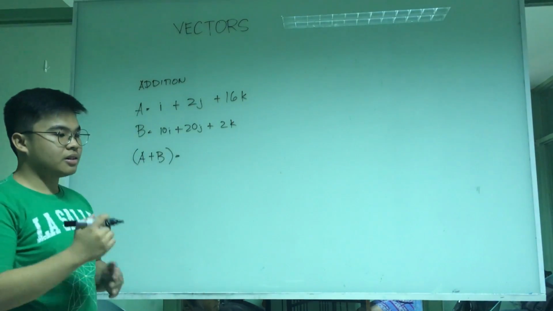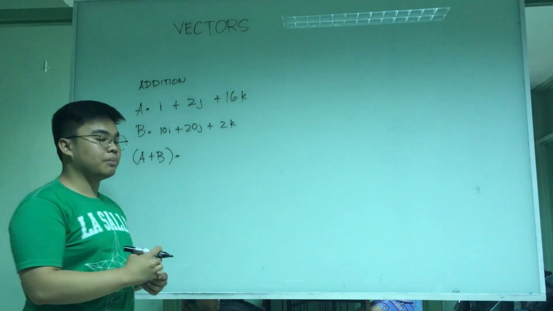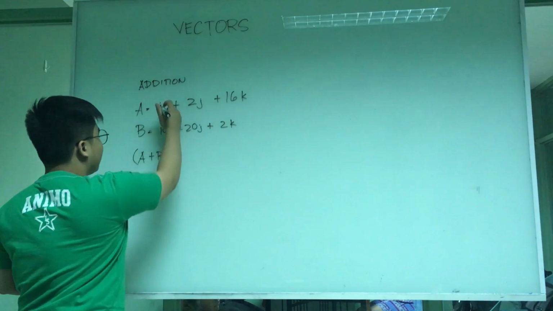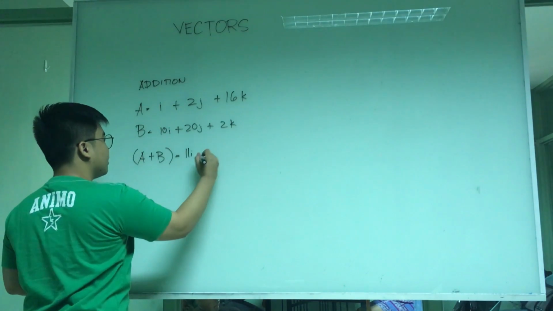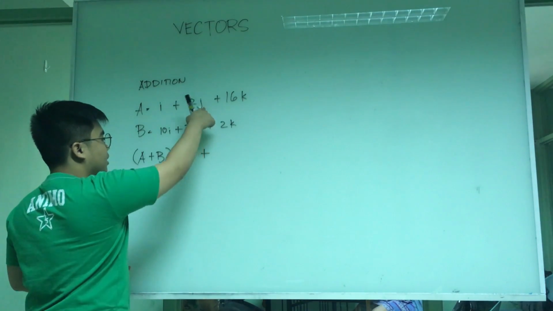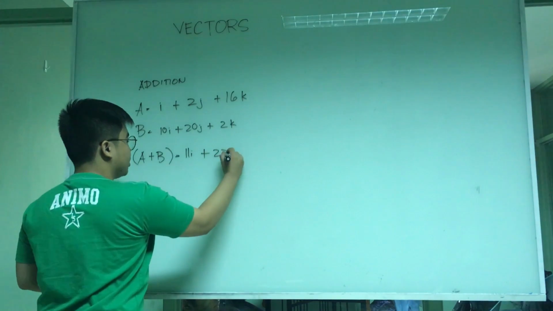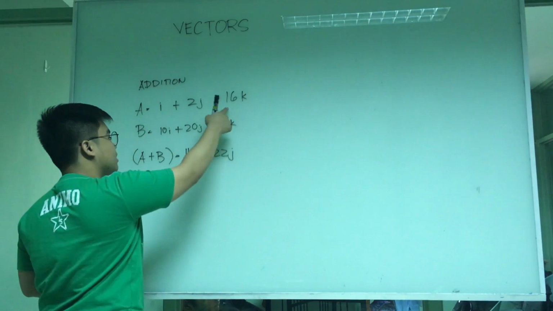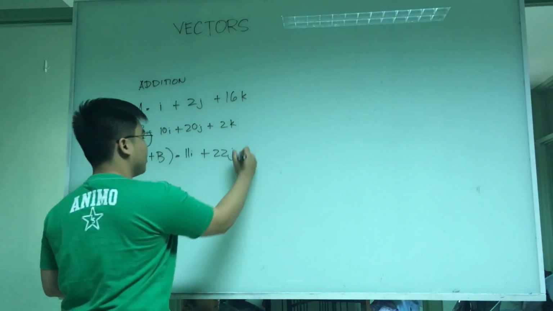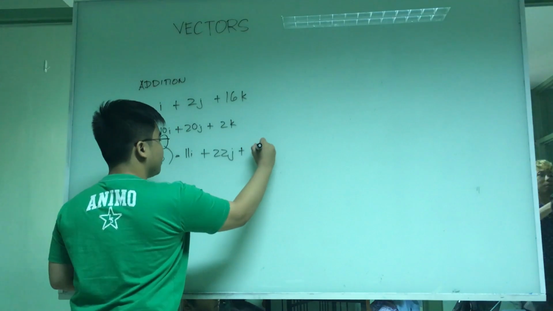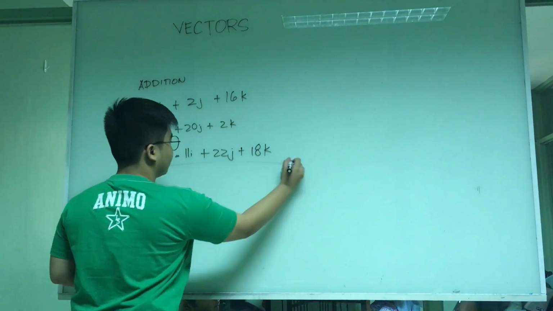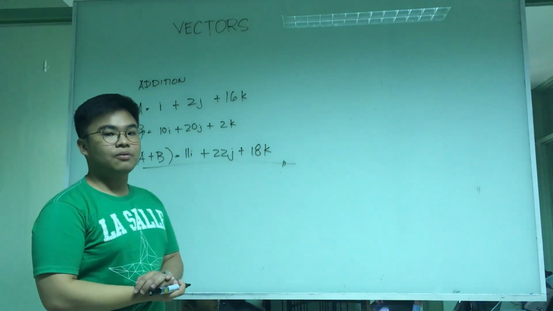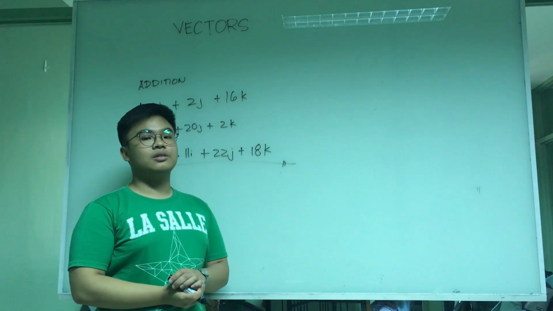So again, it's just addition of like terms. So 10i plus 1i is equal to 11i, 2j plus 20j is equal to 22j, and lastly 16k plus 2k is equal to 18k. So that's it for the addition of vectors.